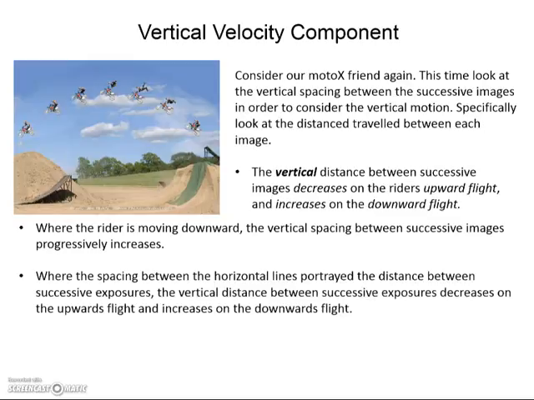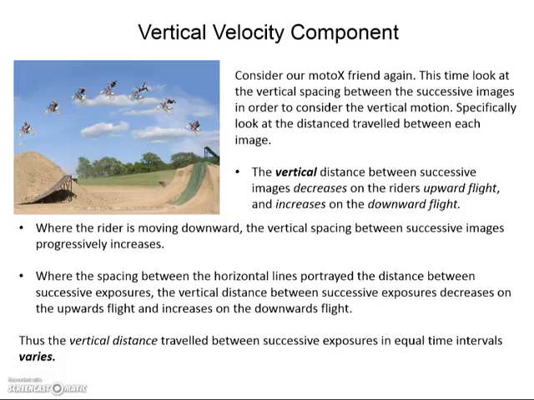So where the spacing between the vertical lines was equal, the vertical distance basically decreases on the way up and increases on the way down. What we can gather from that is that the vertical distance traveled between successive exposures in equal time varies.